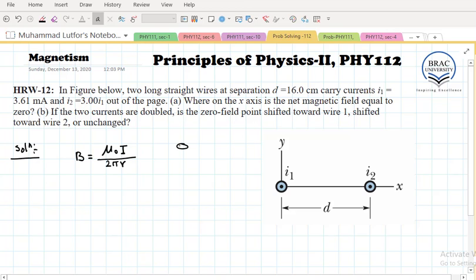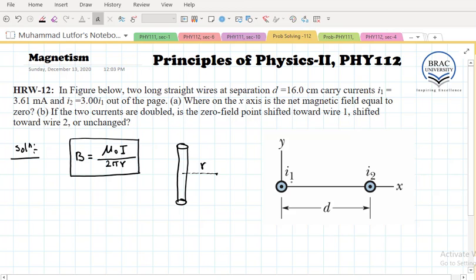So this is your long straight wire, and at a distance r from that wire you are finding the magnetic field. The strength of that magnetic field we can find using that formula.